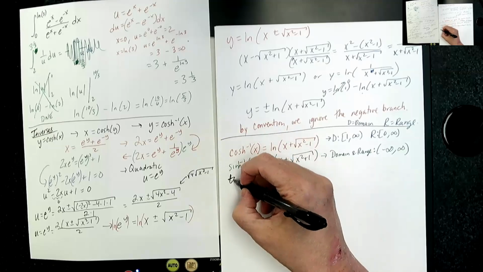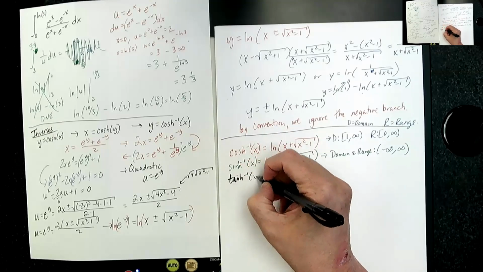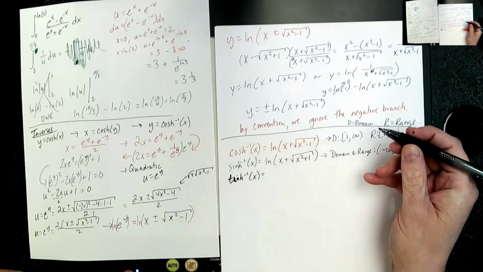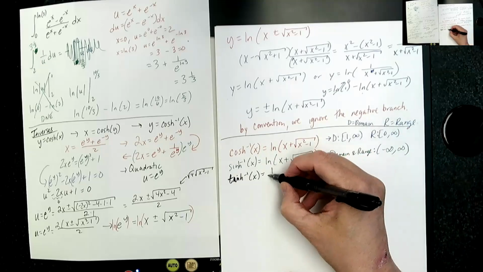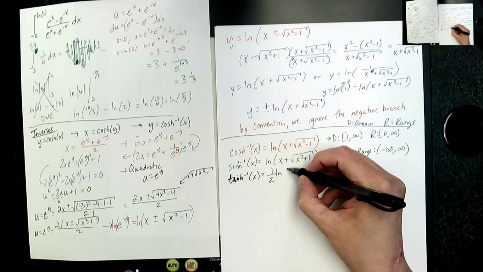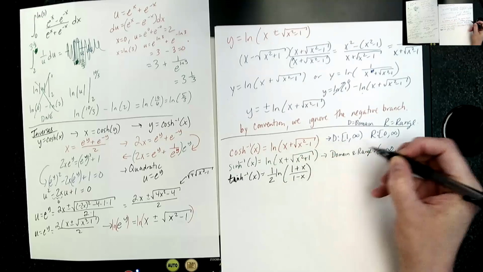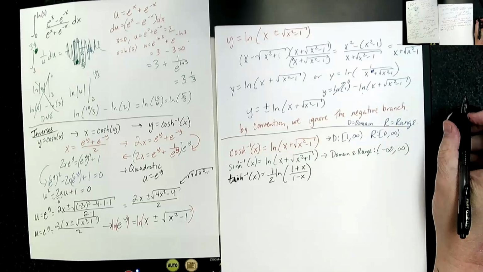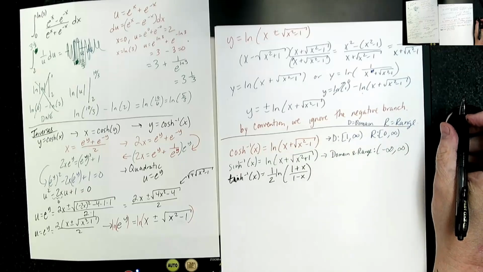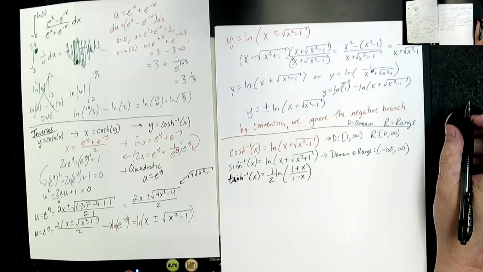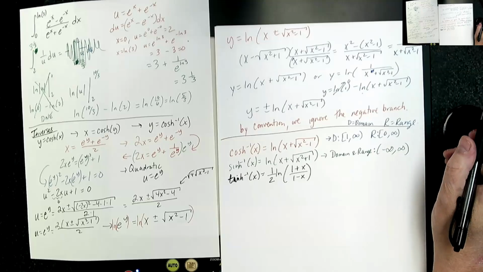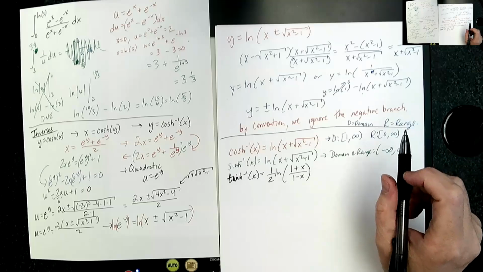So our tangent here. This is fun. 1/2 natural log of 1 plus x over 1 minus x. Isn't that a hoot? No, that's not my common lingo, I'm not old enough. I'm old, but I ain't that old.